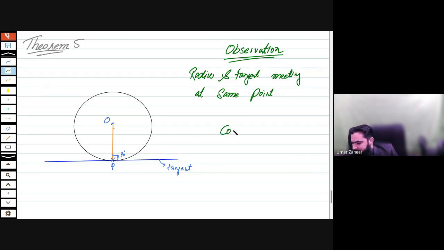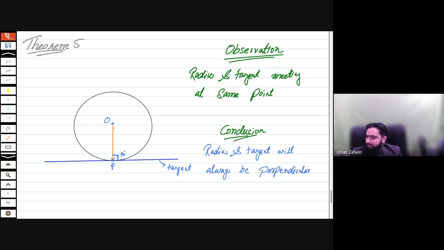So we can conclude. What is the conclusion? Radius and tangent will always be perpendicular. Perpendicular means they are making a 90-degree angle.